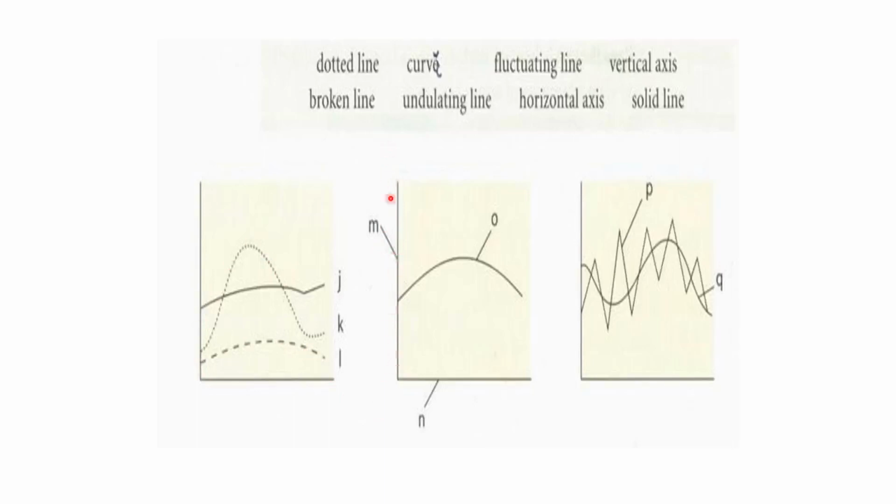Well, here is the vertical axis and this is the horizontal axis. And then this one, what is it? Undulating line, probably. Yeah, this one is fluctuating line.